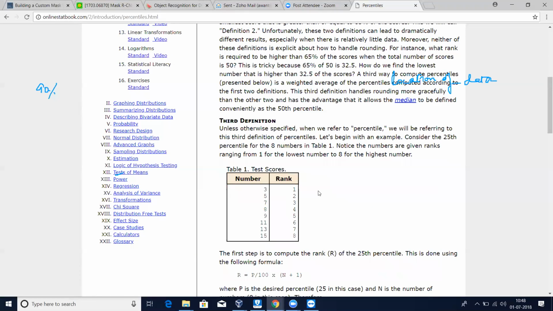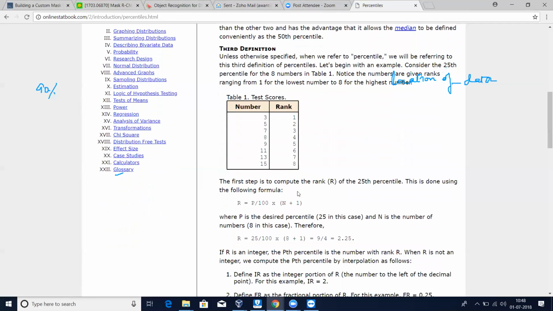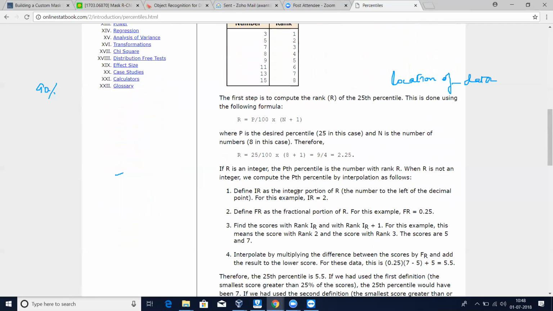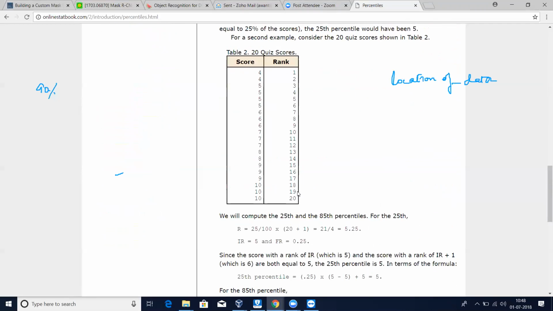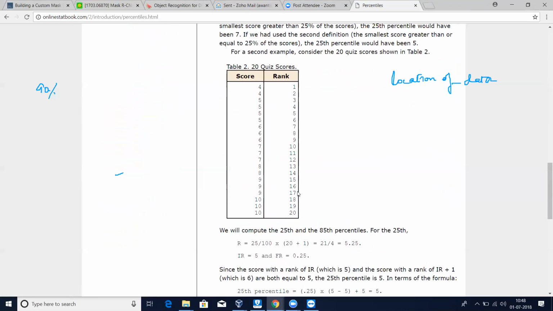Okay. So, for example, say this is a score and this is a rank.